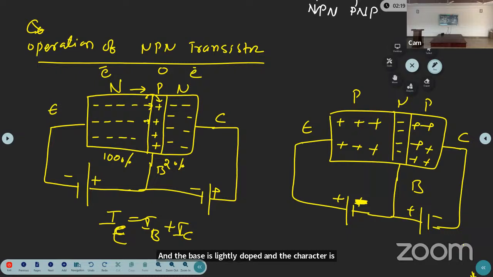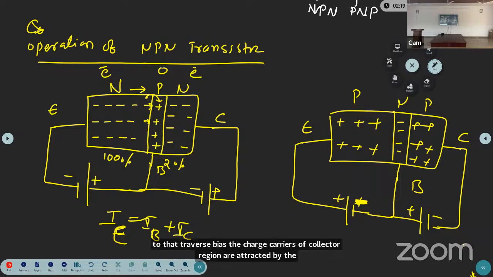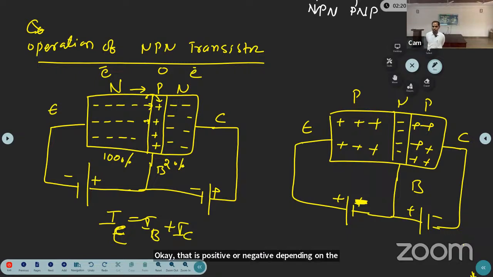But no electron of the collector constitutes a current, because the collector region is under reverse bias. Due to that reverse bias, the charge carriers of the collector region are attracted by the battery, at the positive or negative terminal depending on the type of transistor we are using.